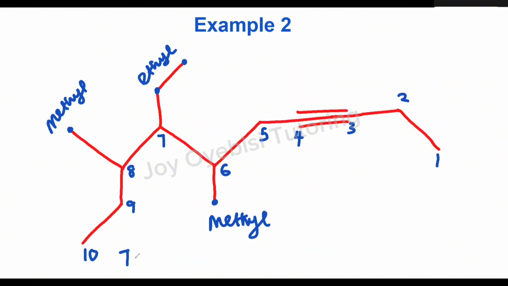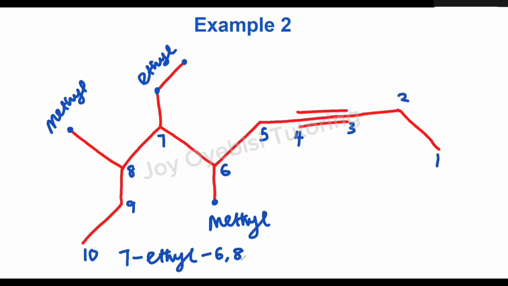So that'll be 7-ethyl. Then you have 6 on carbon 6 and carbon 8. We have another group. So you put 6 and 8, okay? And that is to show that you have one on carbon 6 and one on carbon 8.